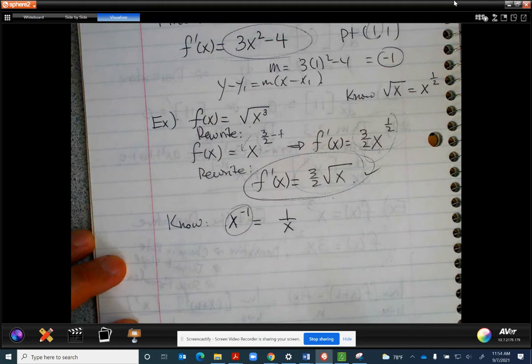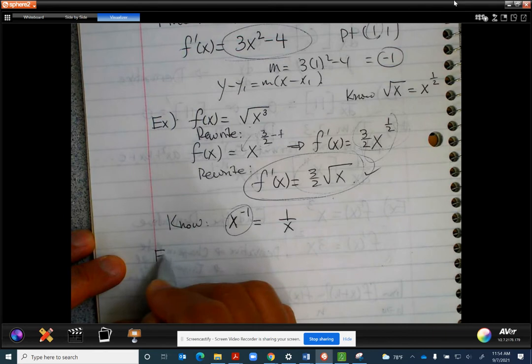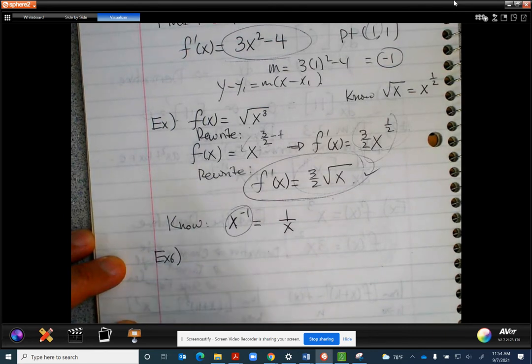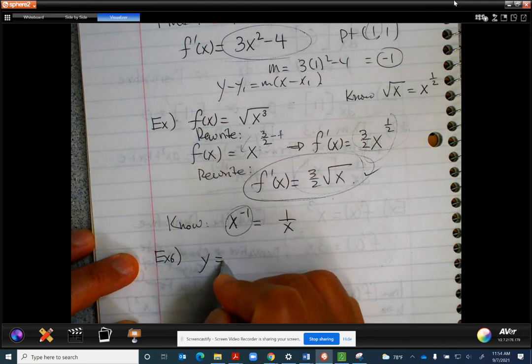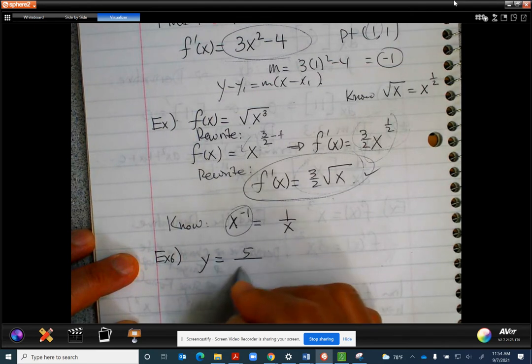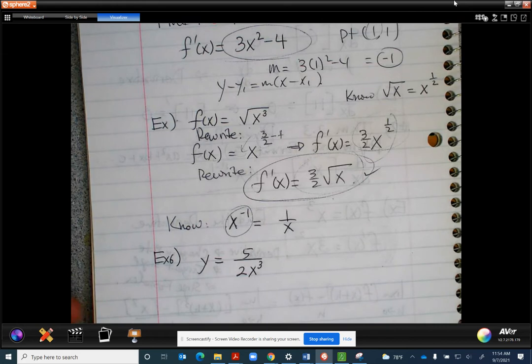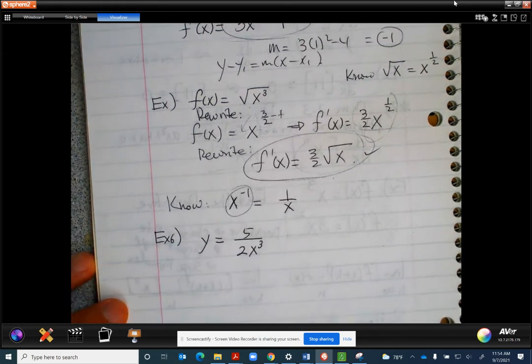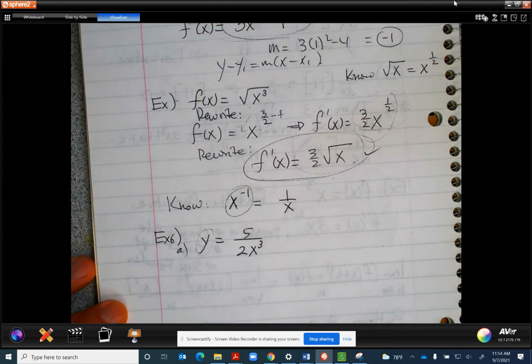So for this one, you go to example 6 on the top. It says y is equal to 5 over 2 x to the power of 3. You see it? This is part A. Again, you don't have to have f of x. y is fine.